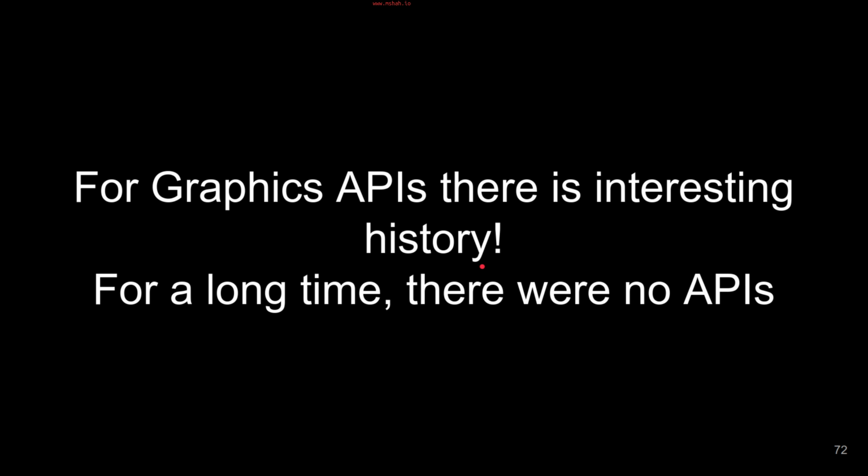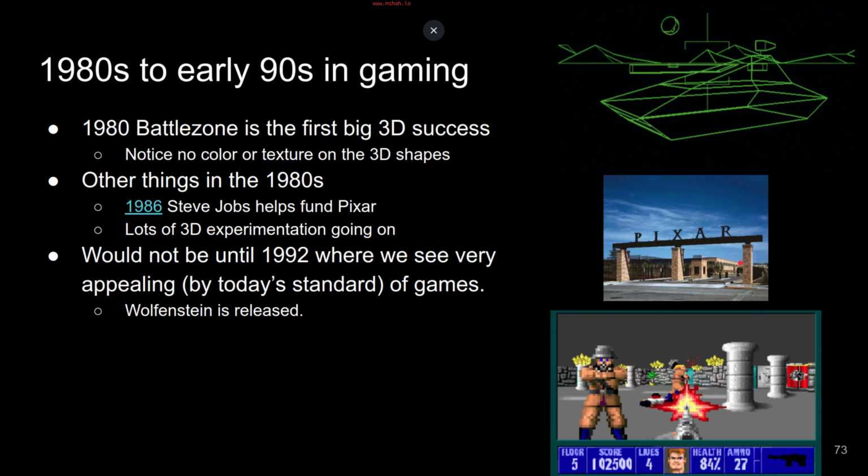And then, of course, for drawing a pixel, there's an interesting history here, again, because there were no APIs for a long time. From the 80s to the 90s in gaming, you had games that looked like this. No color or textures, and the shapes were just ways to plot pixels on the screen. If you plot them in a nice way and project them properly, which we'll learn about, you get a 3D scene here.